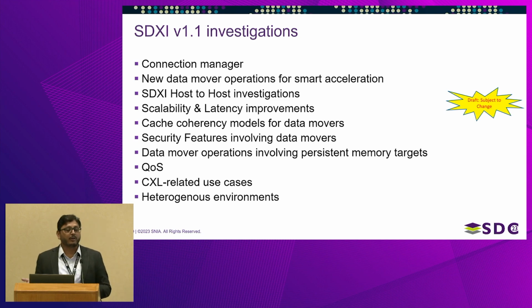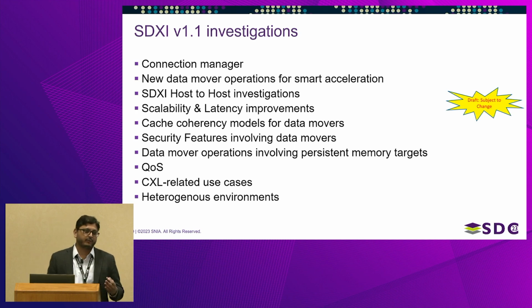We're looking at newer data mover operations as we expand the spec. We're looking at host-to-host data movement because although it is possible to do host-to-host using the 1.0 spec, we are taking a more holistic approach with 1.1 to see what are additional needs for host-to-host data movement to happen.